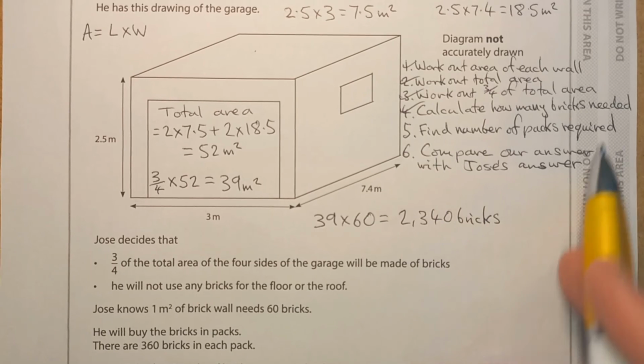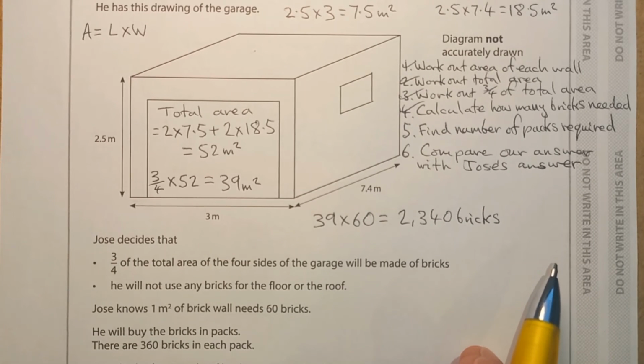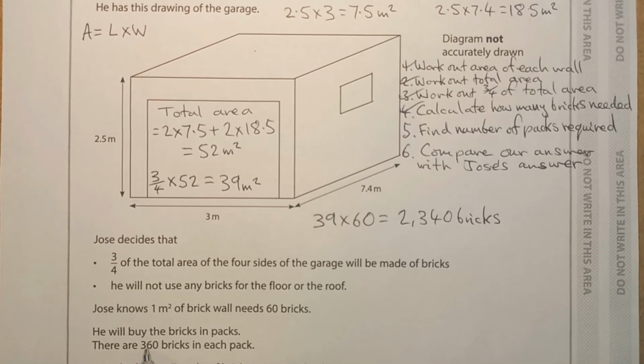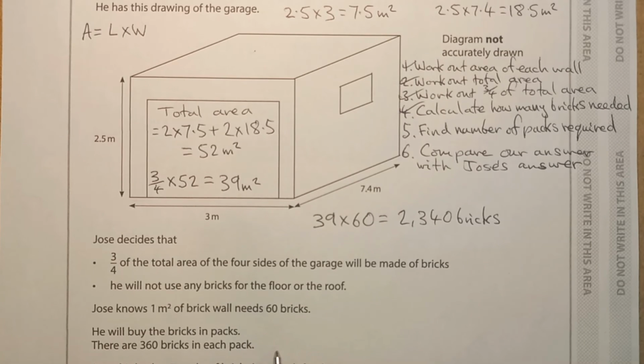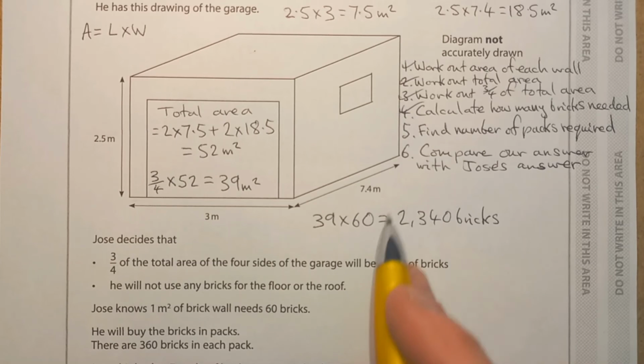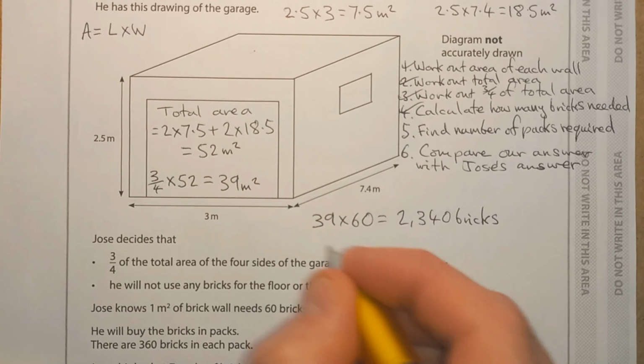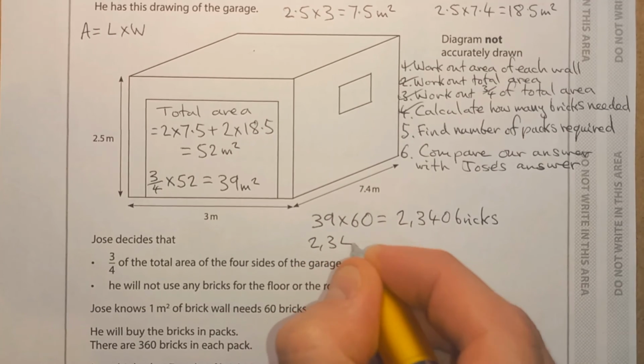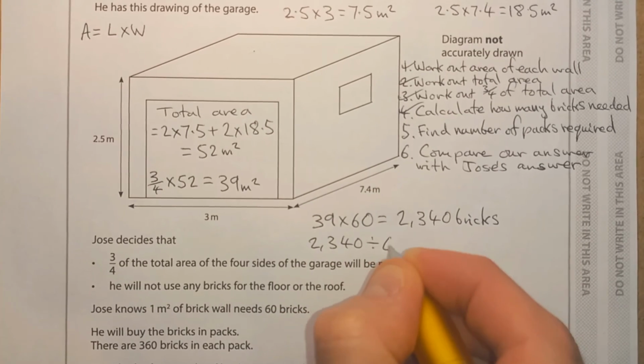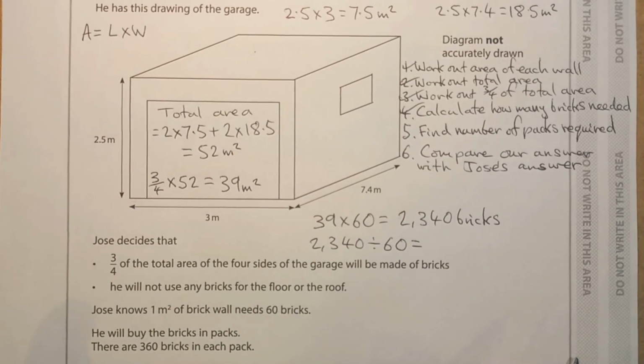Step 5, find the number of packs required. There are 360 bricks in each pack. So how many 360s can we get in this number? Or in other words, 2,340 divided by 60.